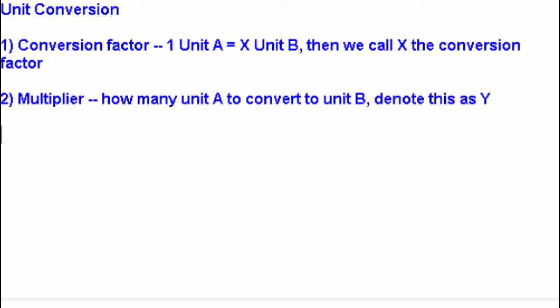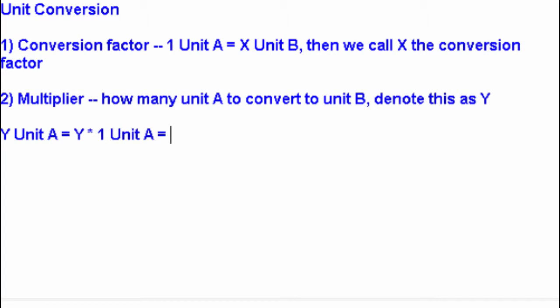So for example, if you have y unit A, then what you have is that y unit A is equal to y times 1 unit A. I'm just doing a simple substitution of y, where y is equal to y times 1.